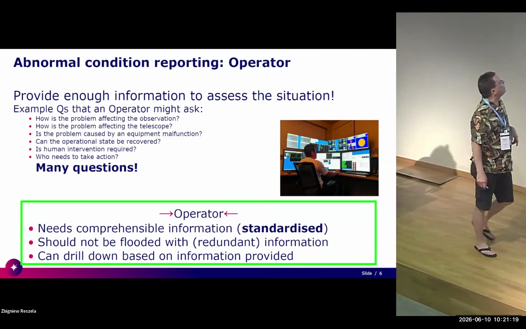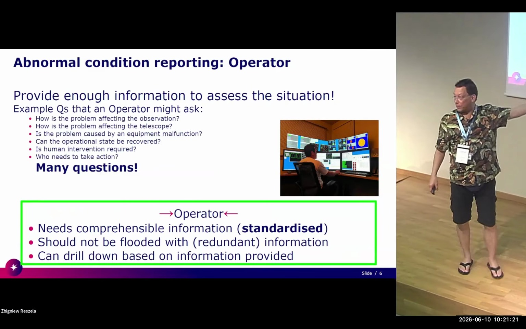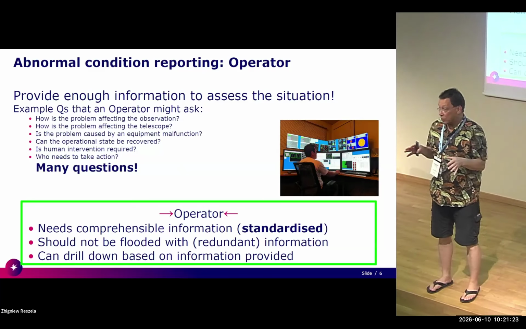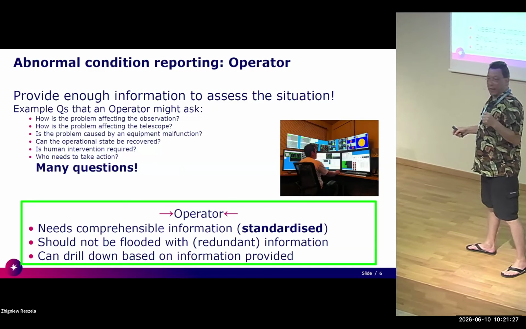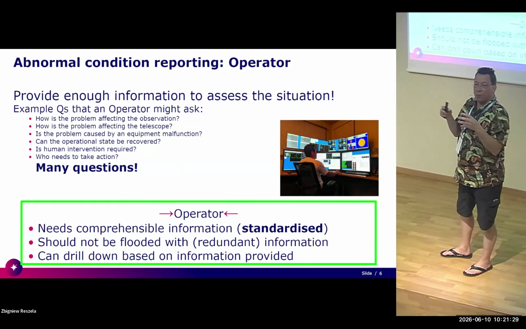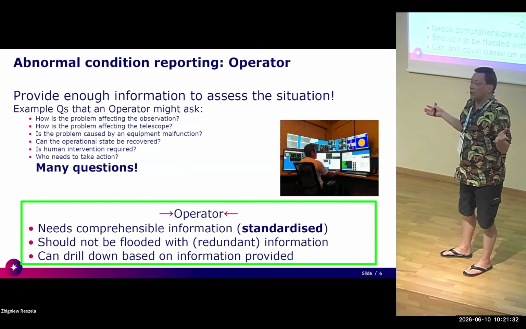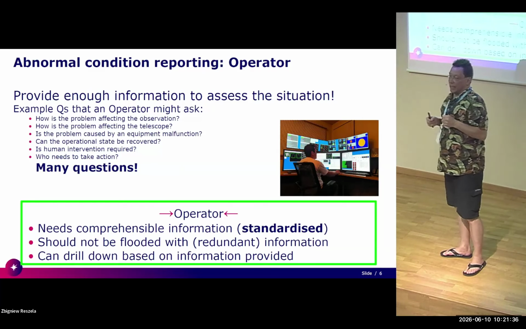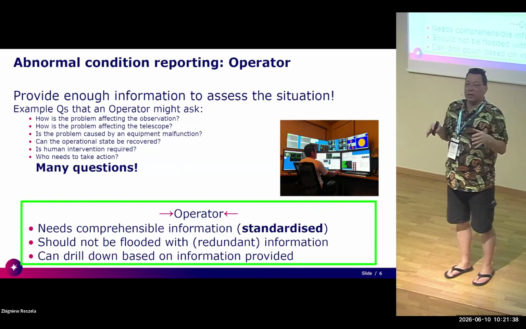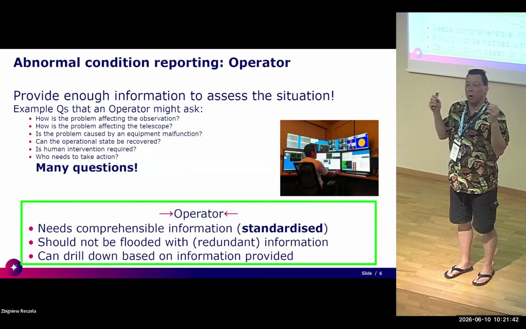Right, so we have an abnormal situation. Something went wrong. Usually the operator is like, well, I have the logs, and what now? I would rather say the operator should never be in a situation where they have to ask the question, what now?